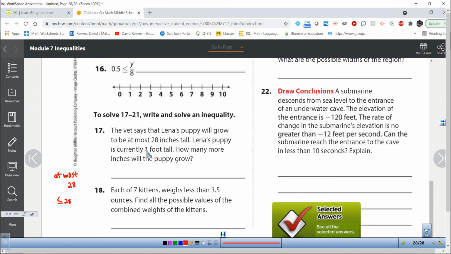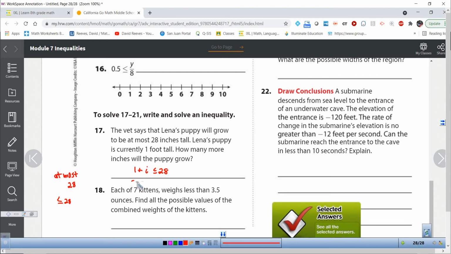Lena's puppy is currently 1 foot tall. So 1 plus how many more inches? Let's call it I. 1 plus I has to be less than or equal to 28, right? How many more inches will the puppy grow?